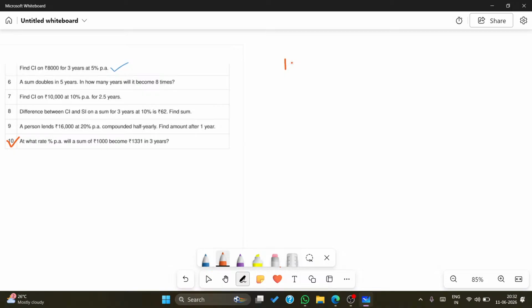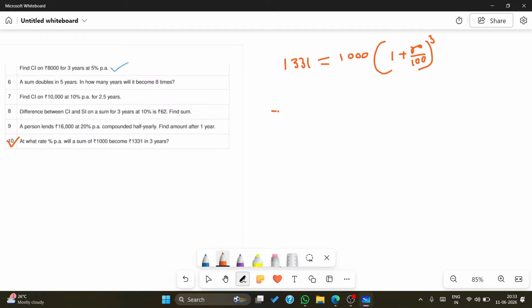So amount is equal to 10,000 into (1 plus r divided by 100) whole to the power 3 years. So this n will be 3.